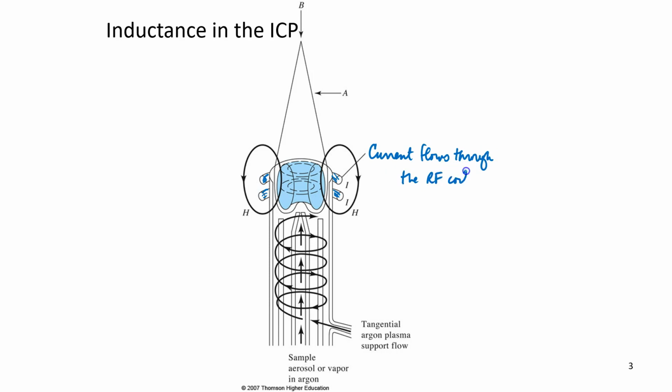You have a power supply to do that, and then a magnetic field is produced. These lines here, these are your so-called magnetic field lines. A magnetic field is produced, and then that magnetic field induces a current, and the only thing there to conduct that current is the plasma. Specifically, the argon ions and electrons conduct that current induced by the magnetic field.